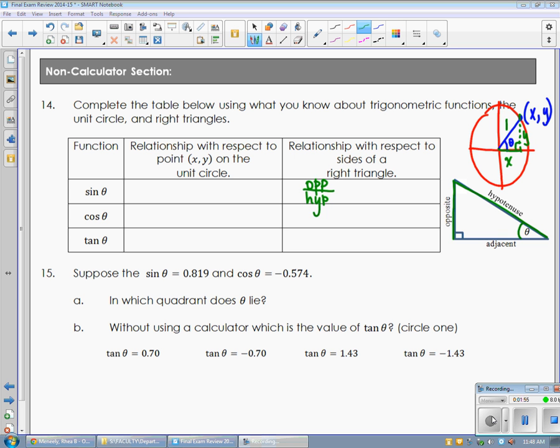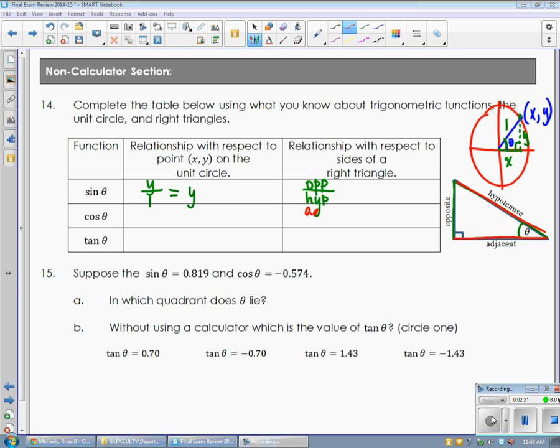And if I revert that back to the unit circle, and here's theta now, so I've got the triangle flipped, but the opposite side corresponds to y, and my hypotenuse is 1 unit long. And so the sine, if I'm dealing with points on a unit circle, looks like y over 1, which simply reduces to y.